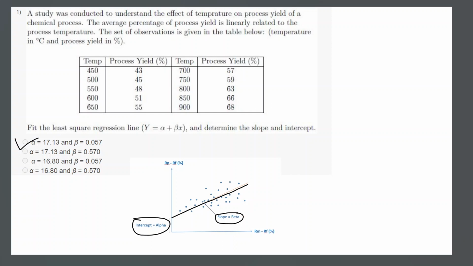First, I would like to explain how we got the estimators alpha and beta for linear regression, least squares regression. Alpha represents the intercept and beta represents the slope. How did we get them?